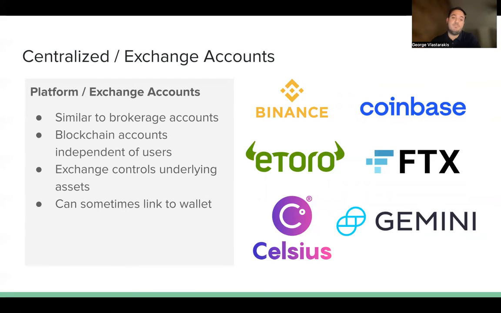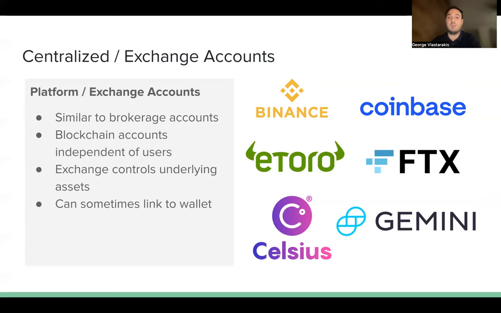Basically, the blockchain accounts that hold the underlying assets are independent of the users. The companies such as Binance and Coinbase are responsible for maintaining their own user accounts and their own bottom line and which user holds which assets.